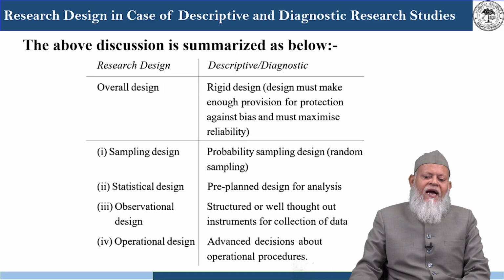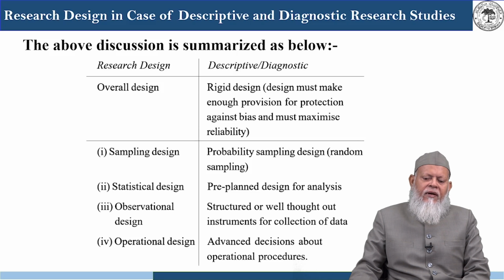The overall design has to be rigid. It has to make enough provision for protection against bias and must maximize reliability. The sample design has to be random sampling, a probability sampling design.